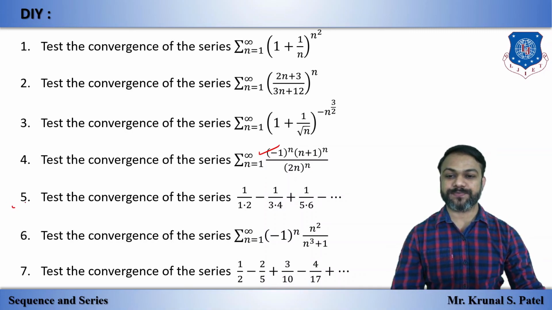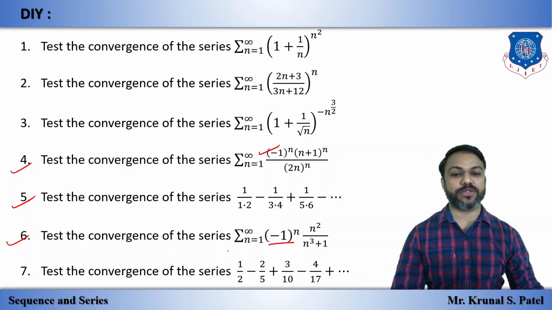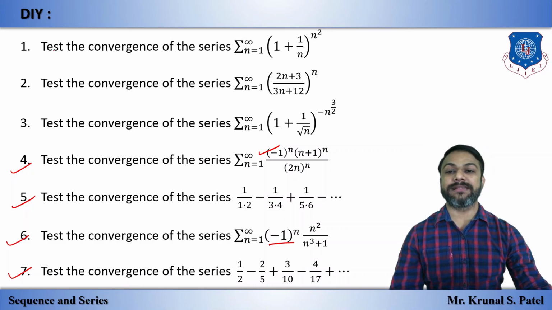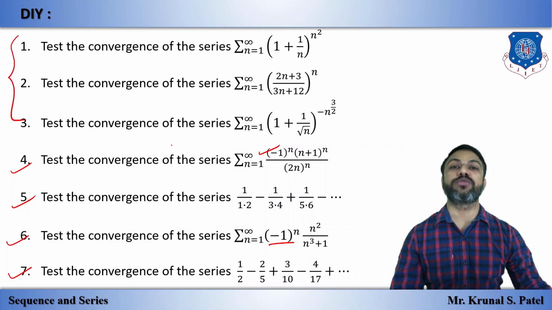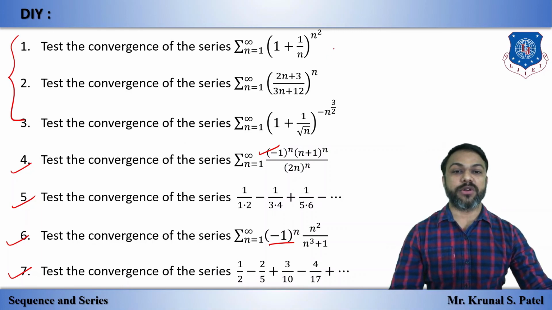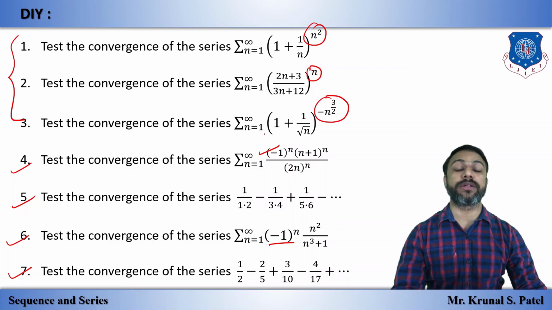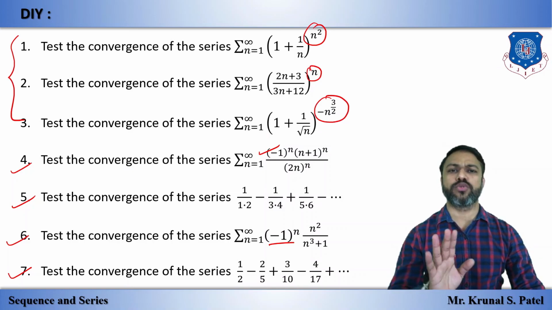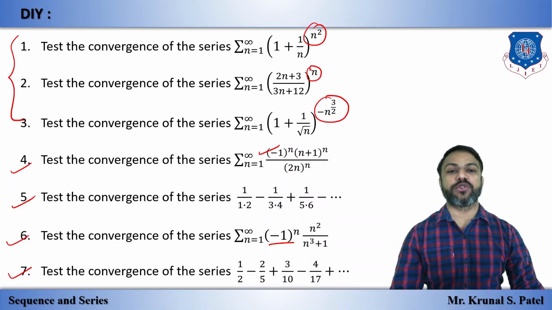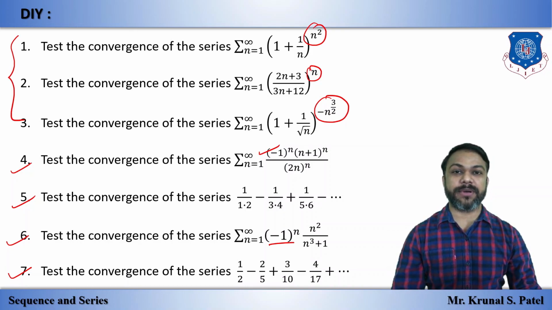Number 6 is also the Leibniz test because of this (-1) to n, and 7 is also the Leibniz test because of this plus minus. And these are the 3 examples of Cauchy's root test, because of the whole raised to n, as I told, n or n square or anything raised to n. So these are the practice examples.